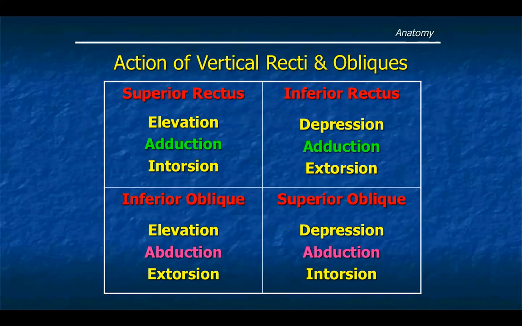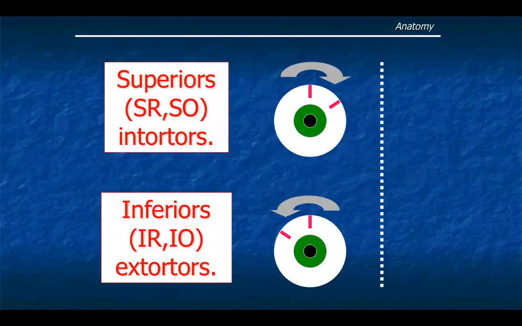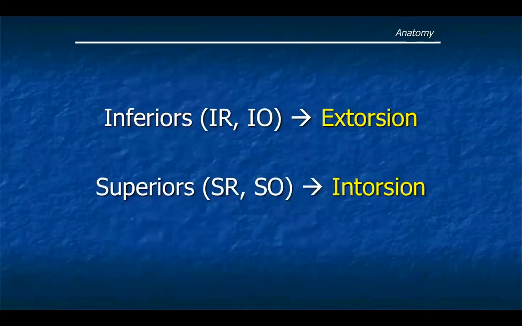The superiors, the superior rectus and the superior oblique, are intortors and the inferiors are extortors. And again, it's explained by the movement of the insertion towards the origin. So the superiors are intortors and the inferiors are extortors.